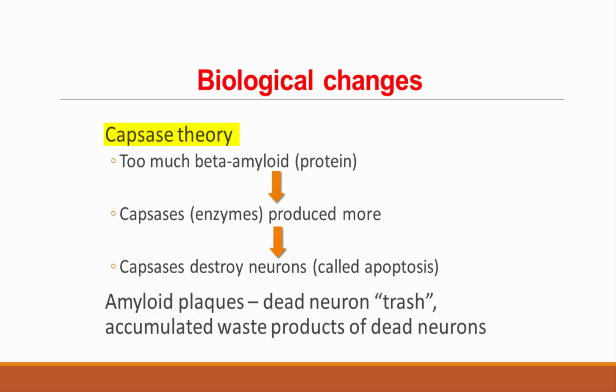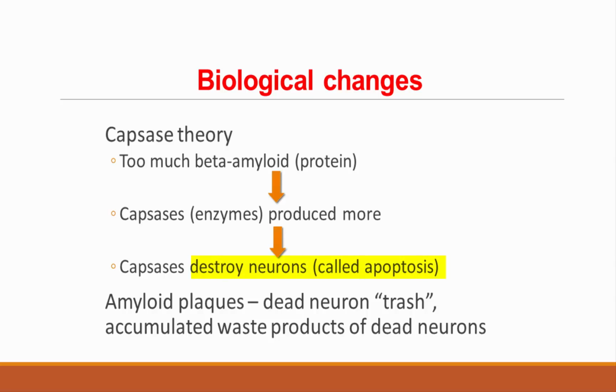For some reason, there seems to be too much beta amyloid that's produced, which is a protein. So there's beta amyloid, and this in turn causes more caspases to be produced, which is an enzyme. So there's more caspase, there's more beta amyloid, then there's more caspase, and this caspase destroys the neurons.